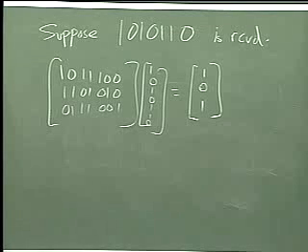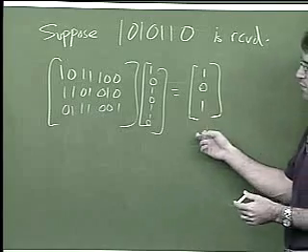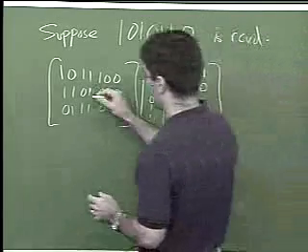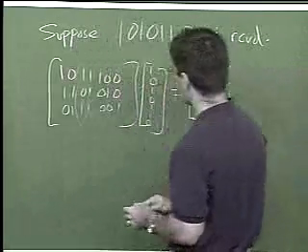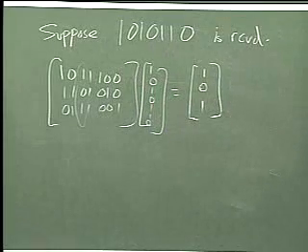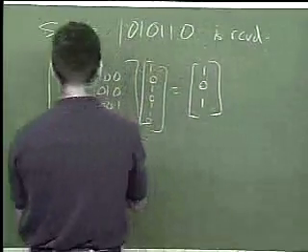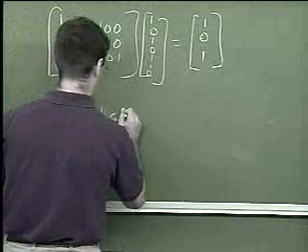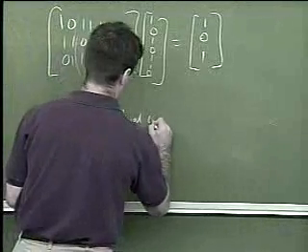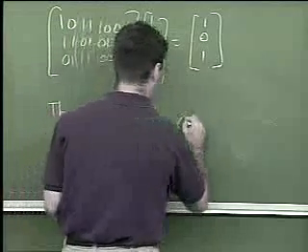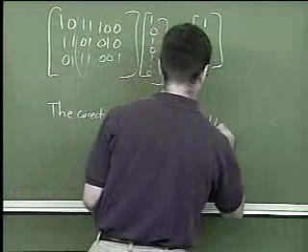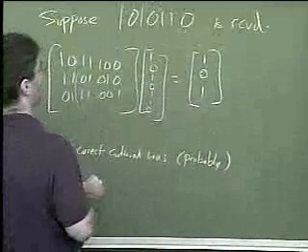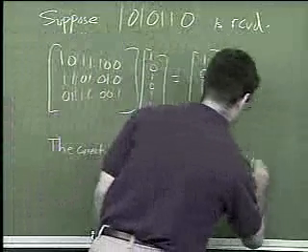Okay, so now here's my syndrome. Find the column that matches the syndrome. That's the third column, so I flip the third bit. So the correct code word was, I'll put probably in parentheses, 1000110.